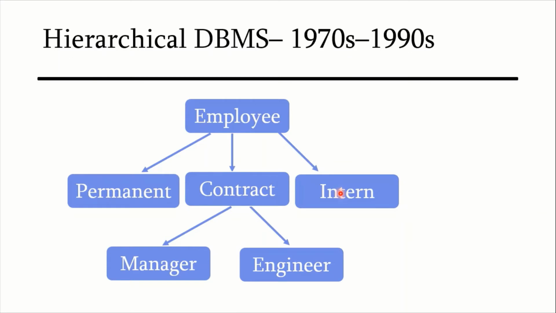If somebody is doing an internship in a company, they will be called intern employees. Now contract employees again, sometimes manager or engineer. So anyway, this is a hierarchical DBMS example where we can see a hierarchy like this: parent children relationship, one to many relationships.